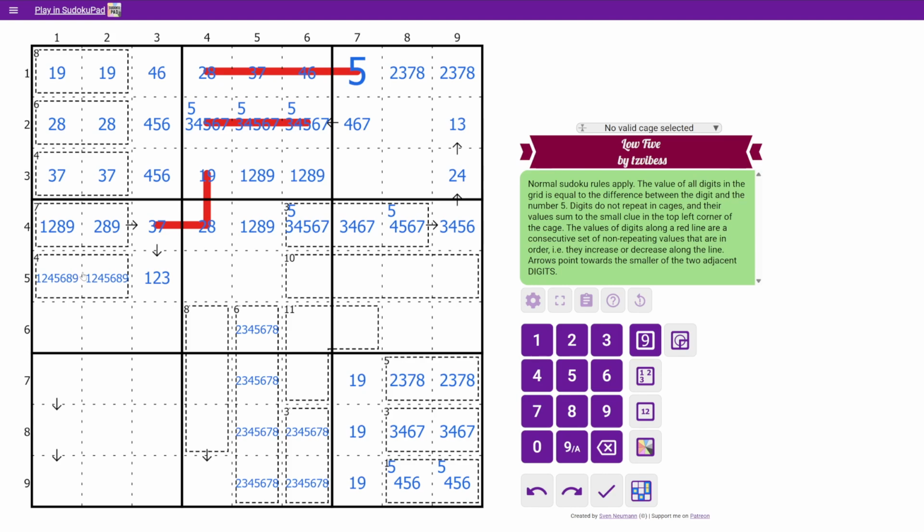A 1, 3. Okay, one of them has to go in there. 1 of 4, 5, 6 has to go in there. The other 2 are going to be here. These have to be between 4, 5, 6. Only 2 of them. None of them are guaranteed there. So 1 of 4, 5, 6 goes here.